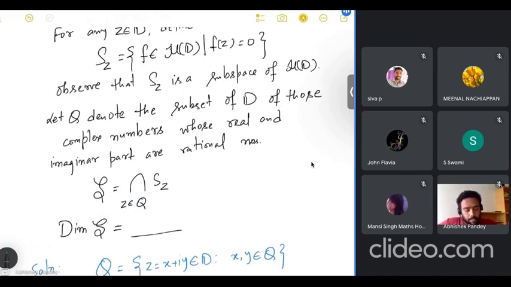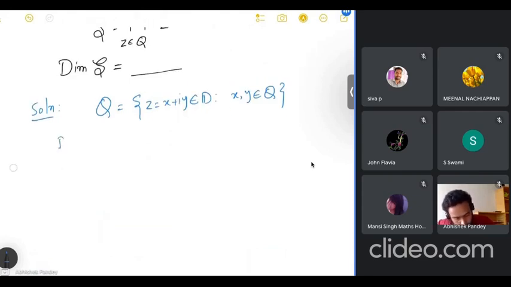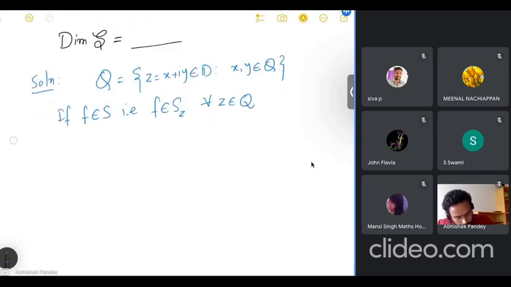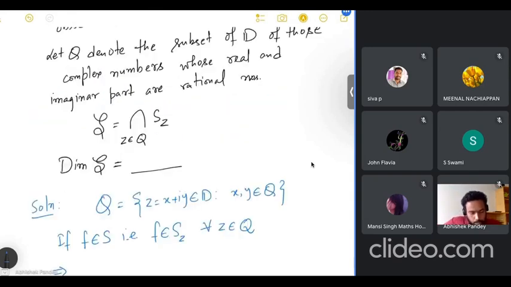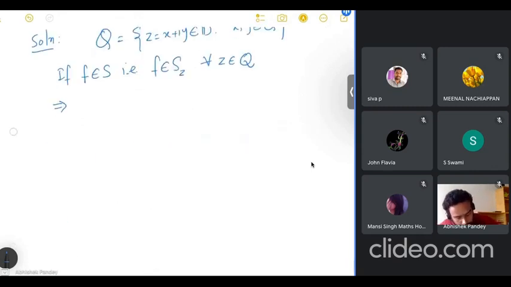Sz is basically a collection of functions. If any function f belongs to S, that is, f belongs to Sz for every z belongs to Q, and f belongs to Sz means f vanishes at z, so f of z is equal to 0 for every z belongs to Q. Basically f is from D to C, holomorphic.